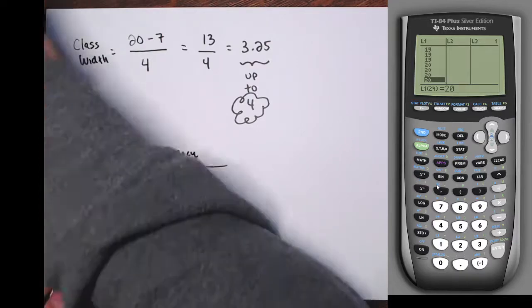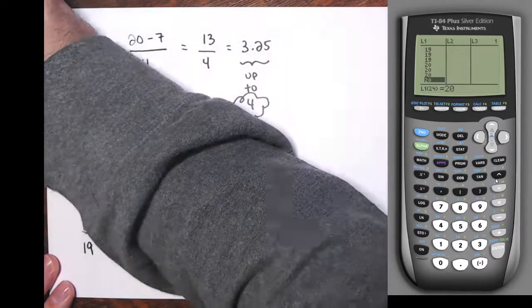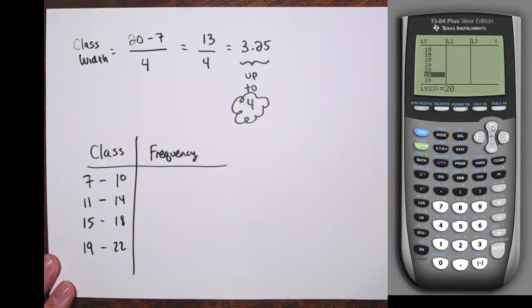And then I count, and it's very easy to count how many are in each class when I'm on my calculator here. And just scroll back up to the top of my list. And we're first going to count how many are from 7 to 10. So there's 1, 2, 3, 4, 5, 6, 7, 8, 9, and that's it, because 11's too big.